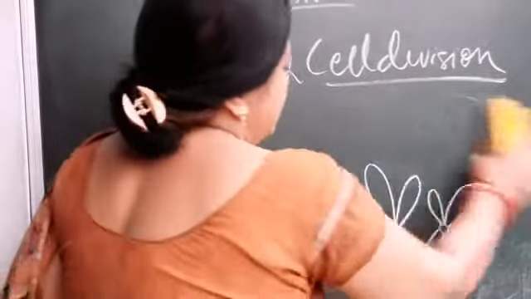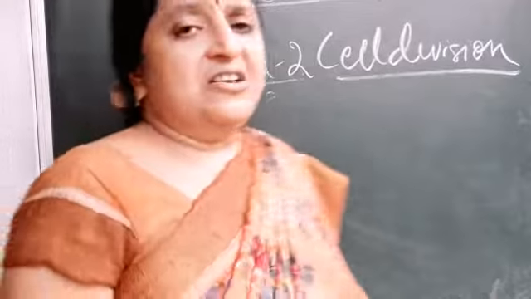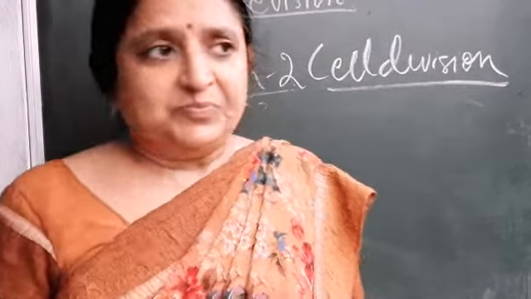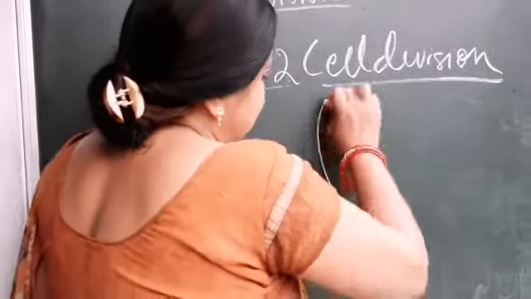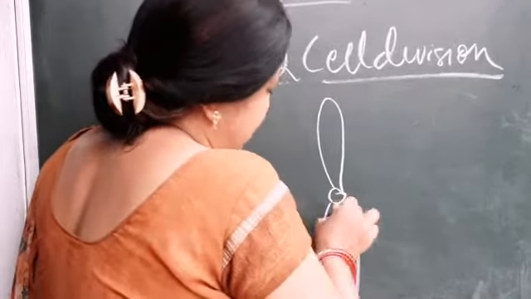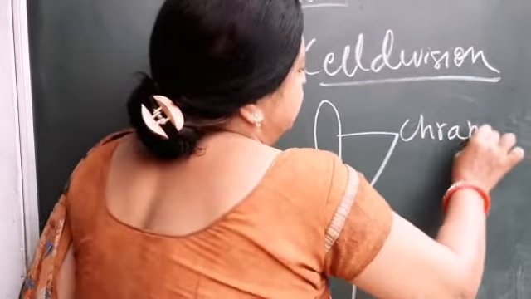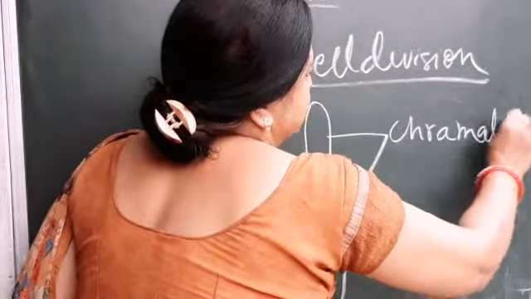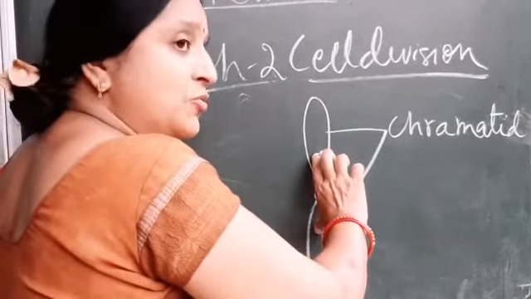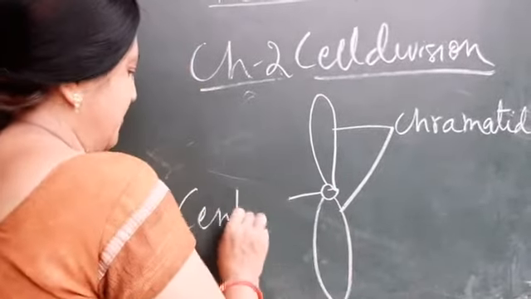In this way we have studied cell division. Now the next topic is the structure of chromosome. The structure of a chromosome is like this, and this part of the chromosome is called a chromatid, and the part where the chromatids join is called the centromere.